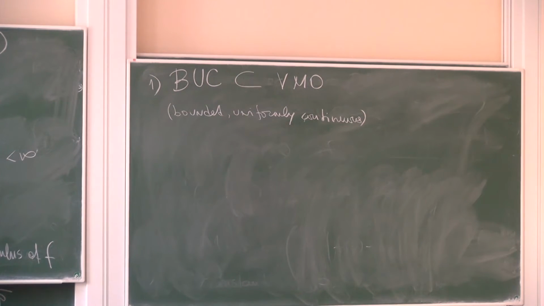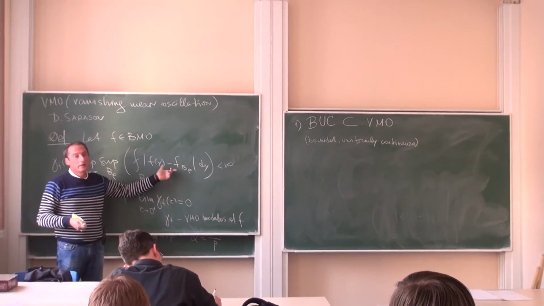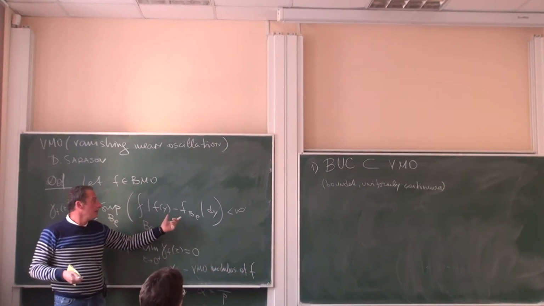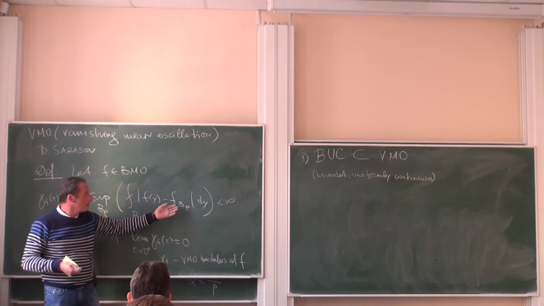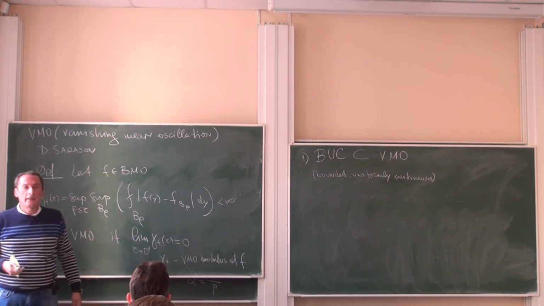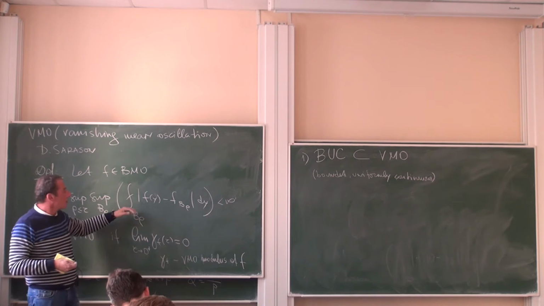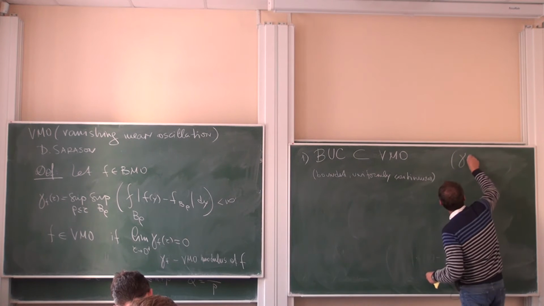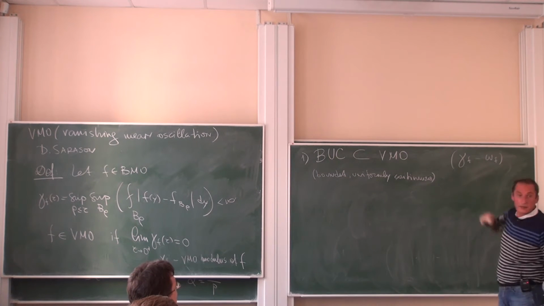So here you have the mean value over the ball. Here you can reduce this integral to another integral where in the integrand you have the difference of the function taken at two different points. So if f is a continuous function, you can estimate this term, the mean integral disappears, and this quantity tends to 0 thanks to the absolute continuity of the integral. In fact, in this case, you can take as VMO modulus the continuity modulus of the function f.